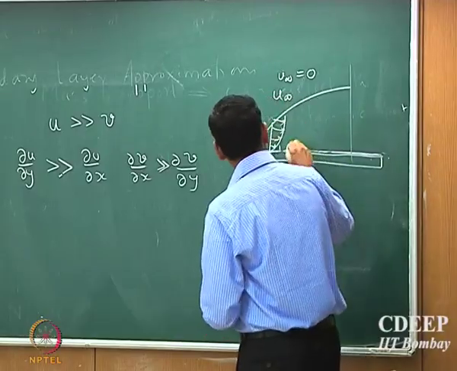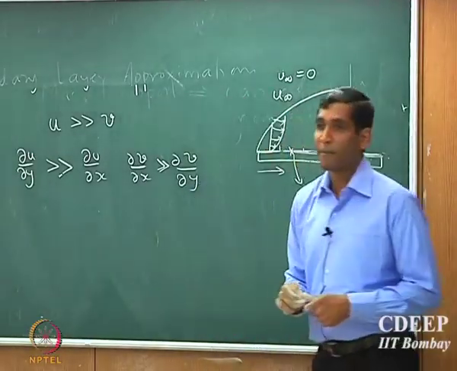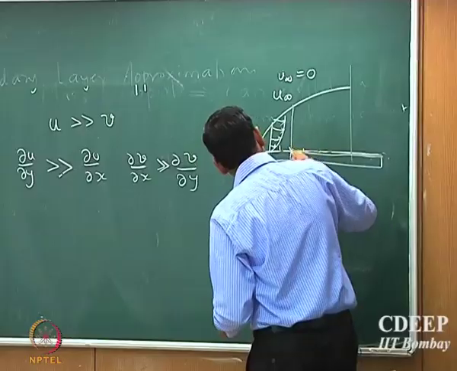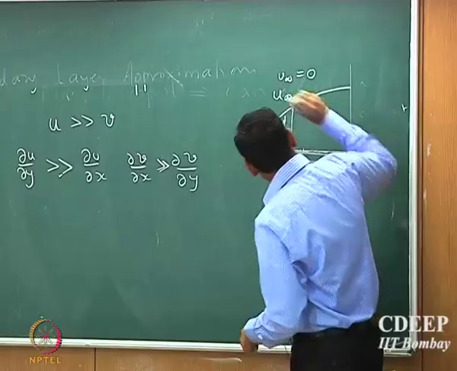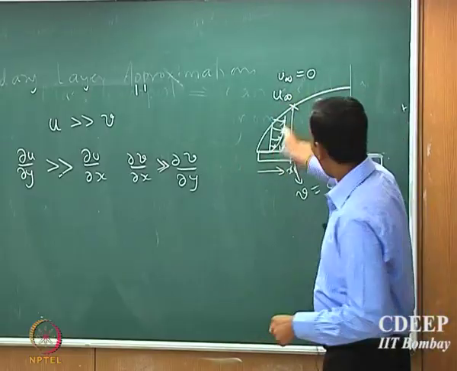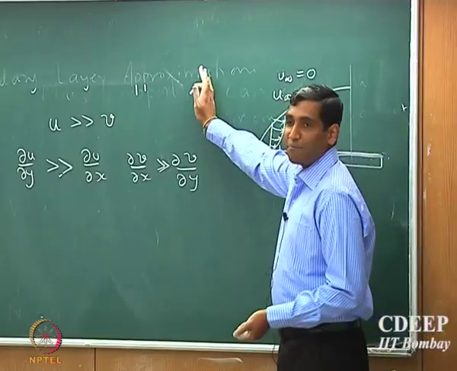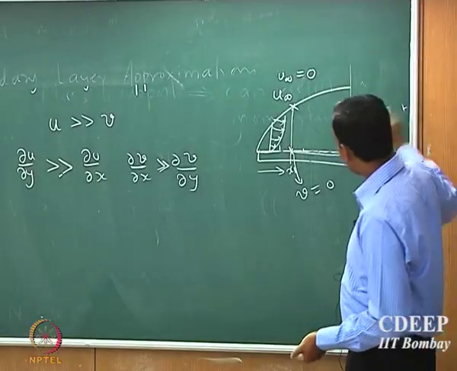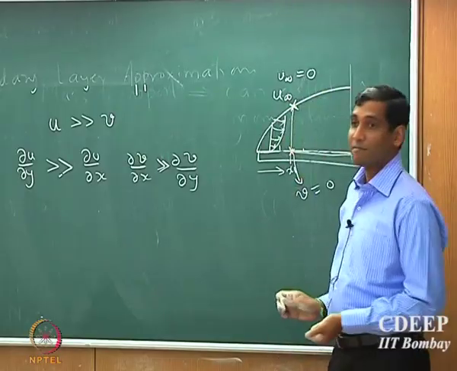Note that both the x and y component velocity are 0 here, and if I go along this line, let's say this is x1, you see that the y component velocity at the edge of the boundary layer is also 0, because it's primarily the free stream fluid which is flowing outside the boundary layer. So the velocity is 0 here and it is 0 here.